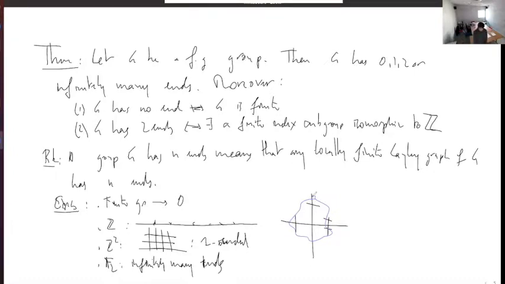So you see that all cases appear at least. Now I would like to give an idea of why a group cannot have 3 or 4 ends.